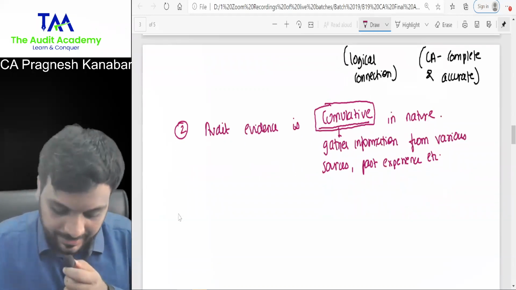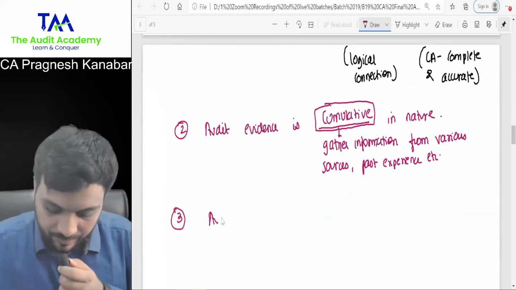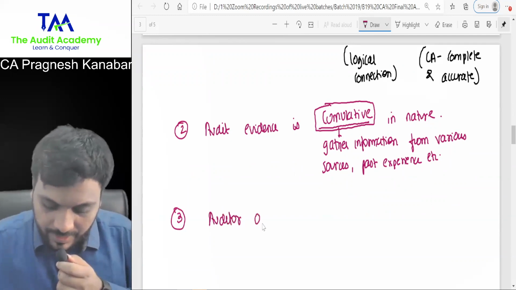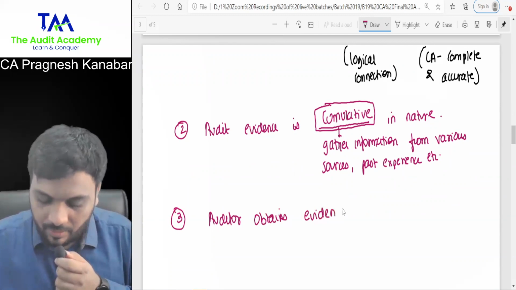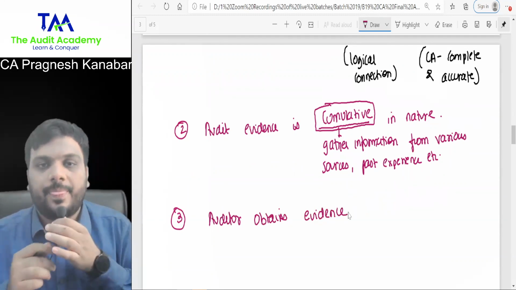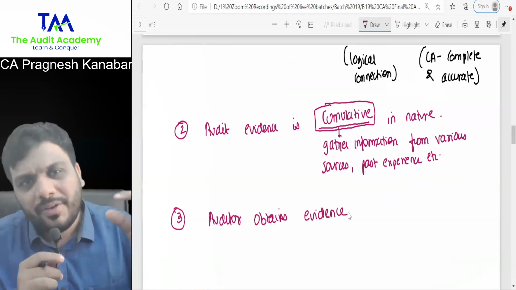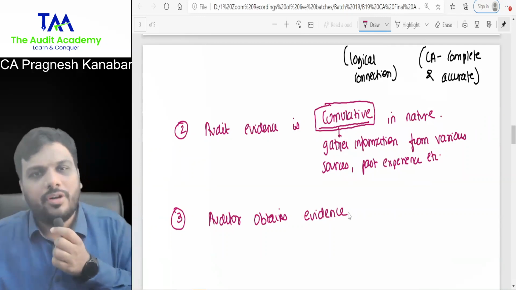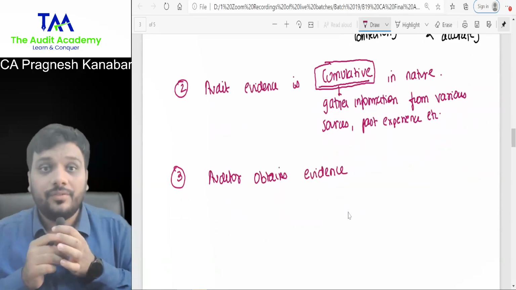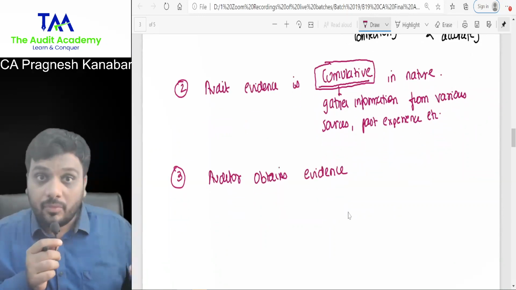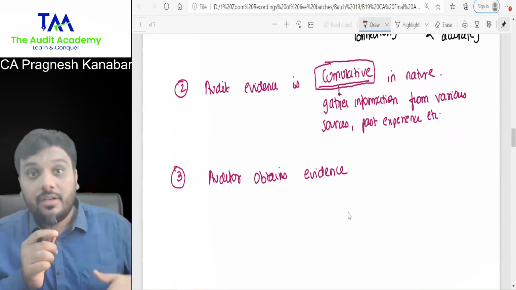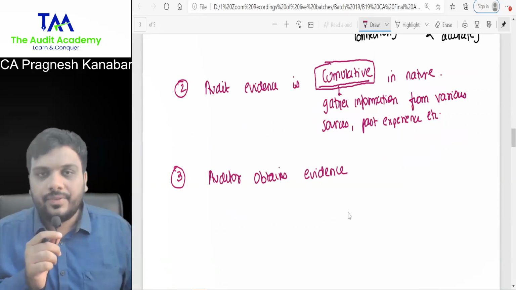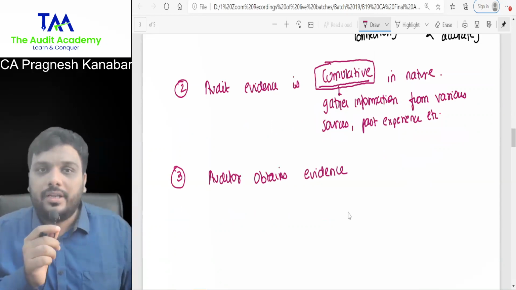Now tell me, when auditor is trying to obtain audit evidence, do you think that auditor just verifies the accounting records? No, sir. Auditor also verifies MOA, AOA, minutes of meeting, external communications with third parties. So every time it is not about accounting records.